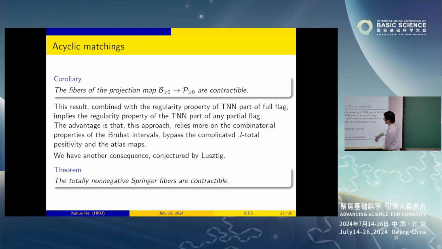This approach lets us bypass the complicated J-total positivity and atlas map. Another interesting thing is that, as a byproduct of studying this, we are also able to confirm another conjecture of Lusztig, on the totally non-negative Springer fiber.